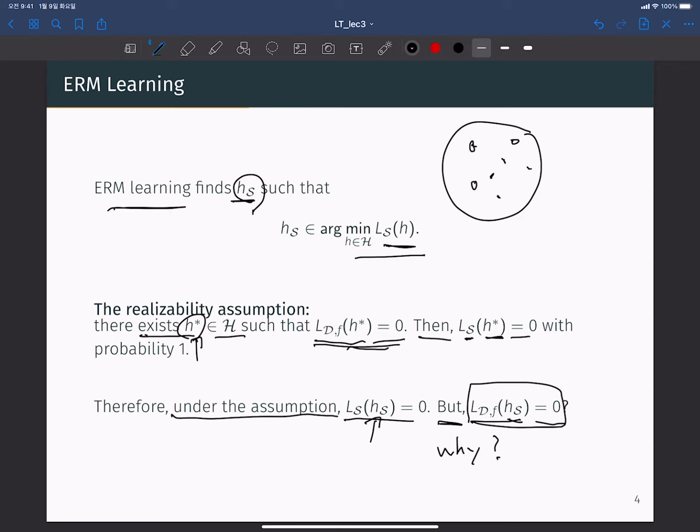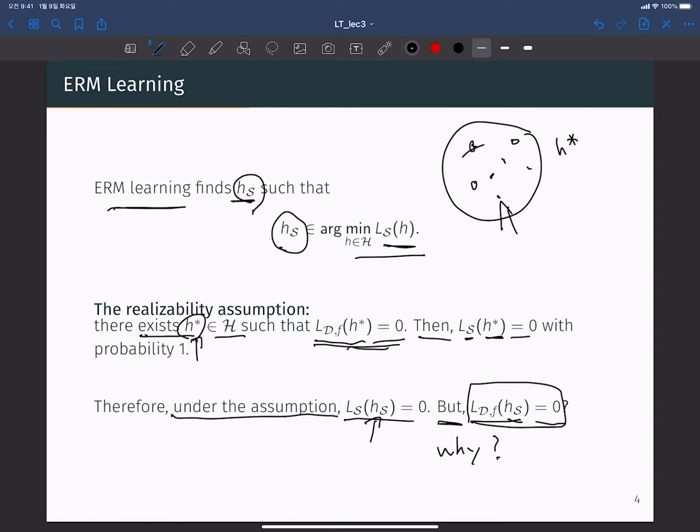So we have to randomly choose one of them for the learning process, because we essentially don't know which hypothesis among them is the true H star.